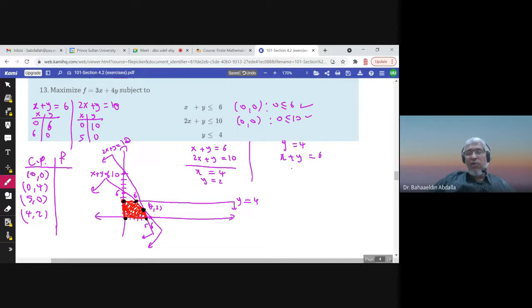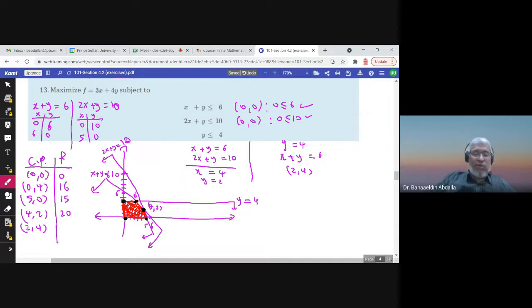So if y is 4, then x is 2, and the point is (2, 4). Now, the region is closed and bounded, so we will have a maximum and a minimum. (0, 0) will give you 0. 3 times 0 plus 4 times 4 is 16. 3 times 5 plus 4 times 0 is 15. 3 times 4 is 12, plus 2 times 4 plus 8, and that's 20.